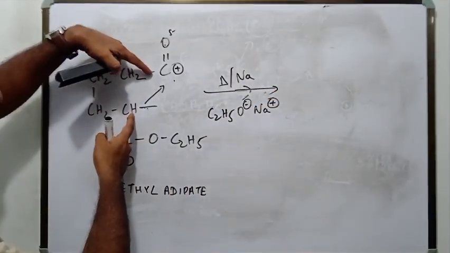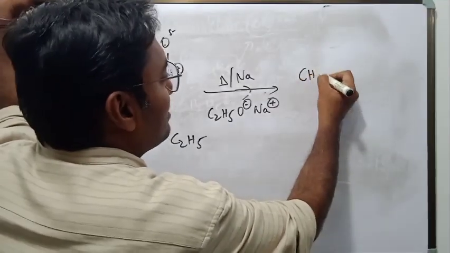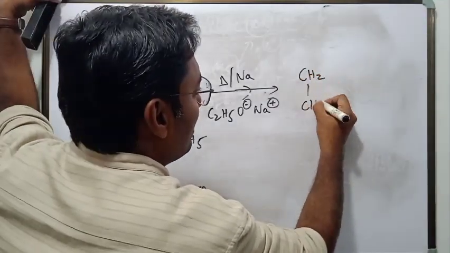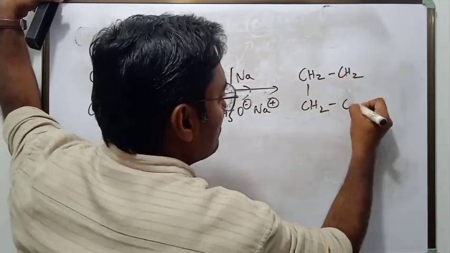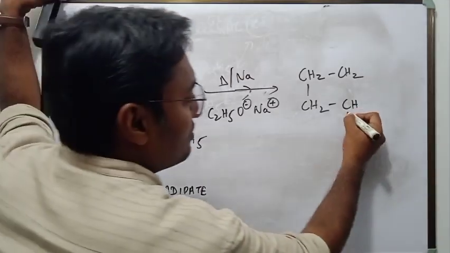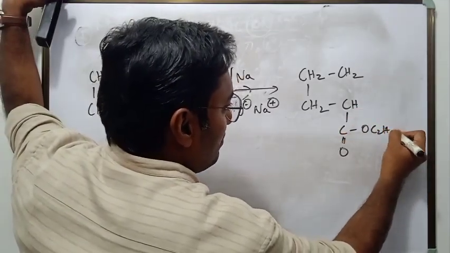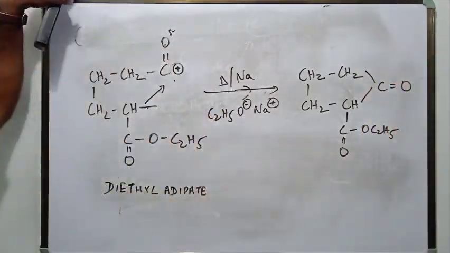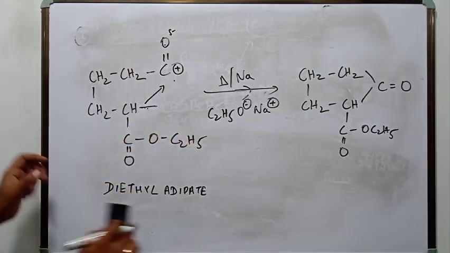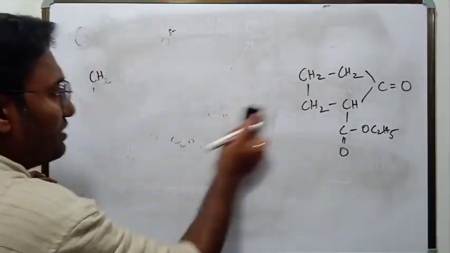These two sides join and they form a cyclic structure, right? And how these two rings are joining we have shown. Now we got it like this, correct? So this is our first step.